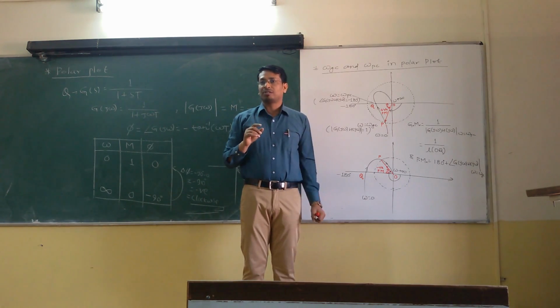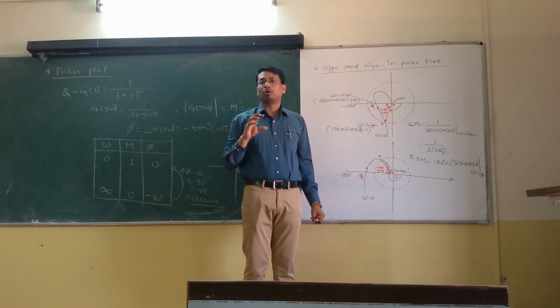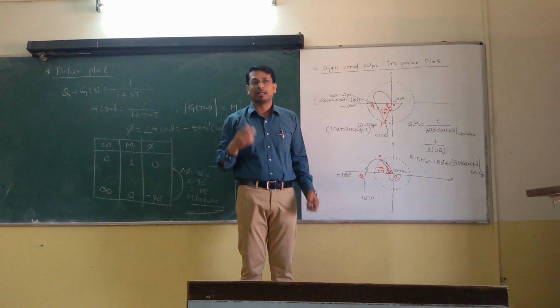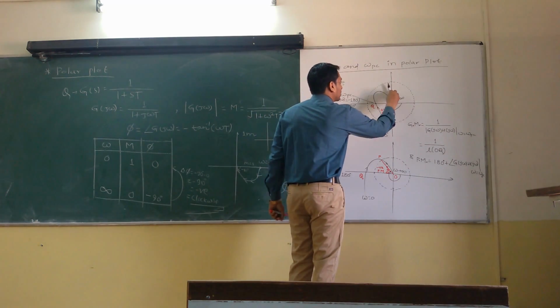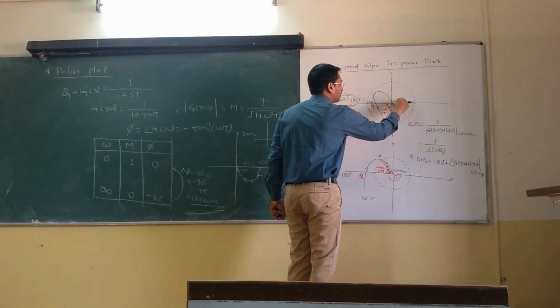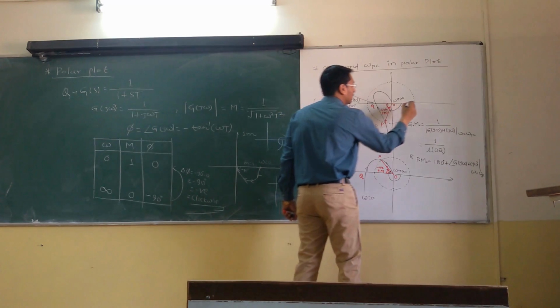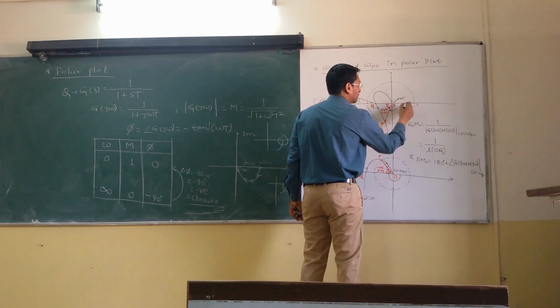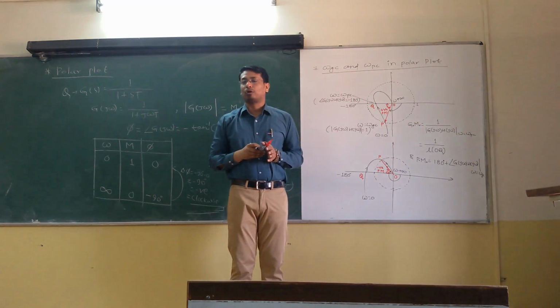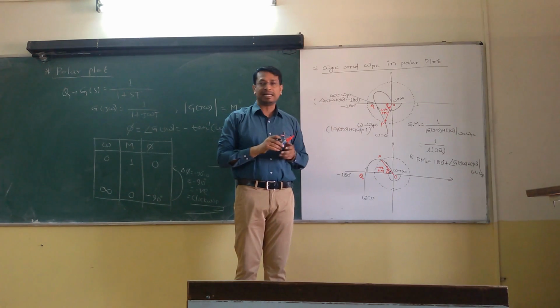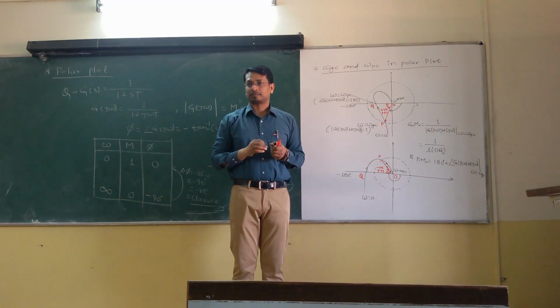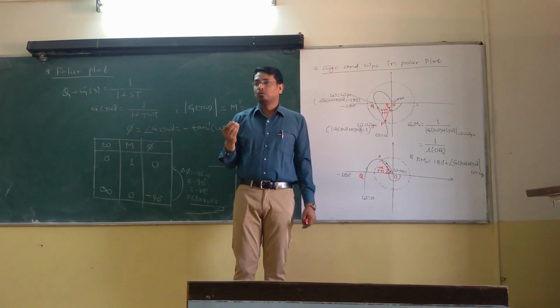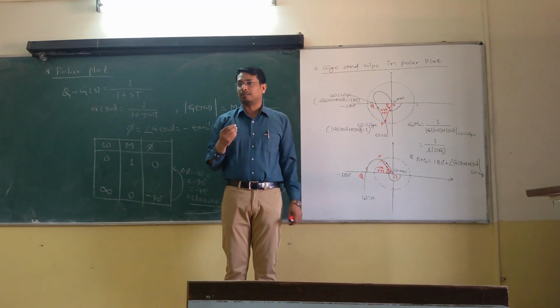So the first job is to draw a circle of unit radius. This dotted line is a circle of unit radius. Why have we drawn the circle of unit radius? Because we want to know the gain crossover frequency.